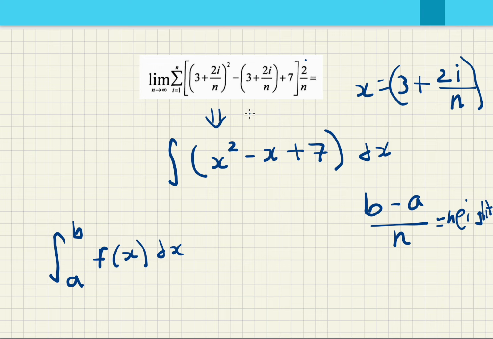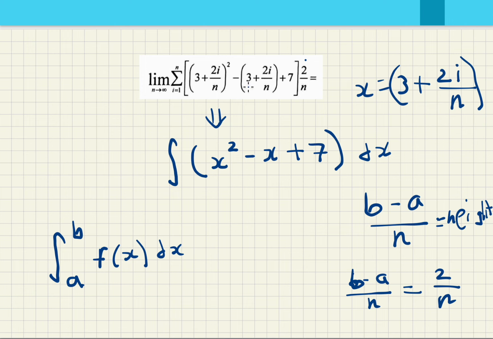So now identifying your height, we can say b minus a over n equals your height, which is 2 over n. Now, we're finding our bounds of the integral, and we don't know b or a. How will we solve for two unknown variables? The key is the a value is actually given to us within the limit.